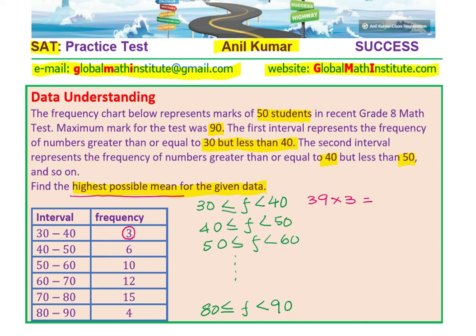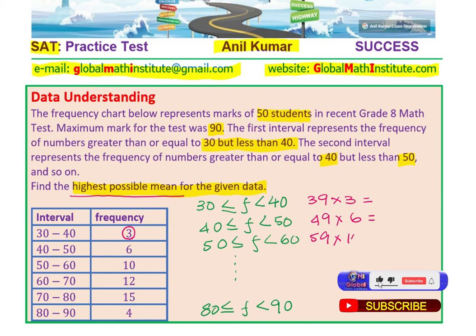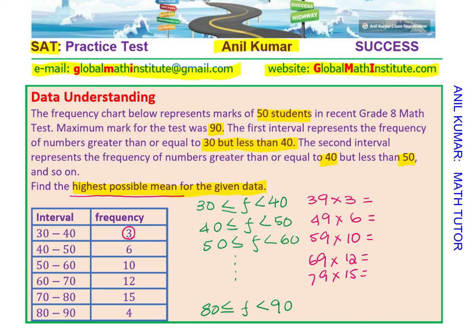Similarly, for the next interval, 49 for 6 students, then 59 for 10 students, 69 for 12 students, 79 for 15, and 89 for 4 students. When we multiply them, we get the highest possible total marks for this given information.